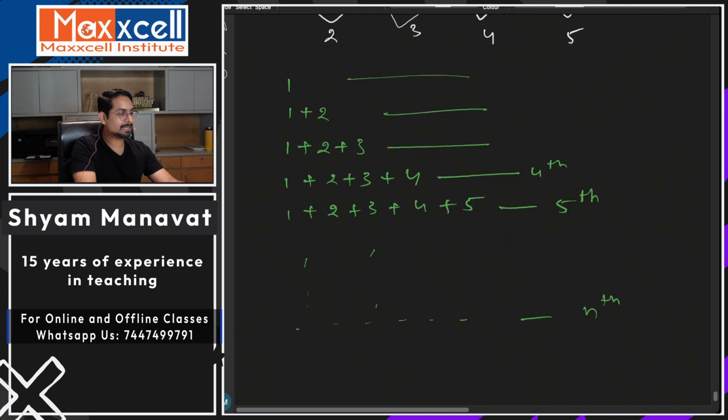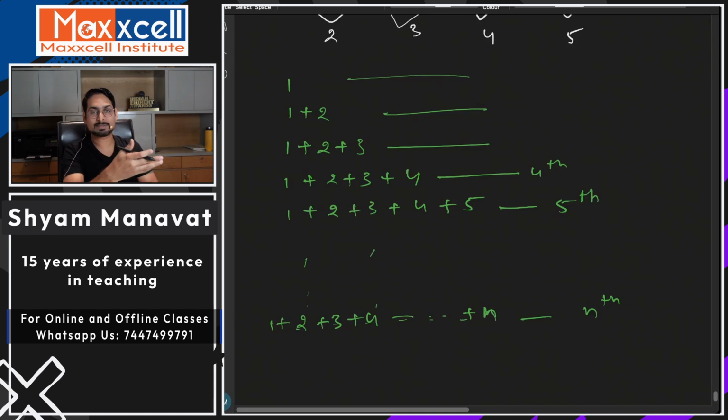So for the nth layer, it should be the sum of 1. Do you agree with that? For the fifth layer, it is the sum up to 5. Fourth layer, it is 1 plus 2 plus 3 plus 4. Third layer is 1 plus 2 plus 3. So nth layer, it should be 1 plus 2 plus 3 plus 4 plus so on till n.